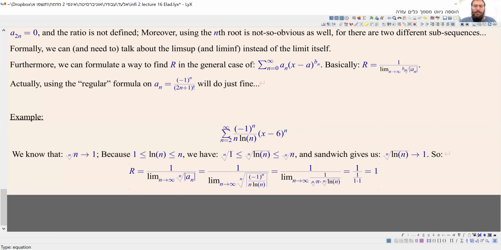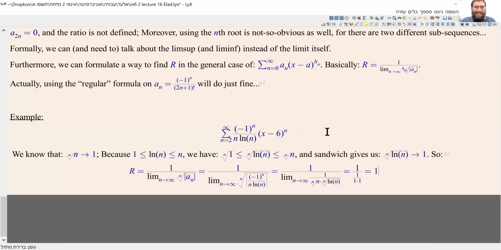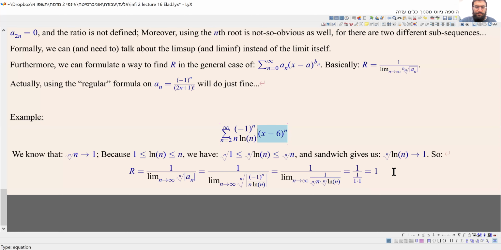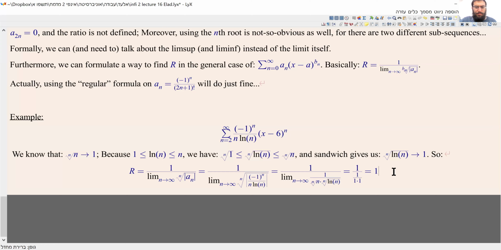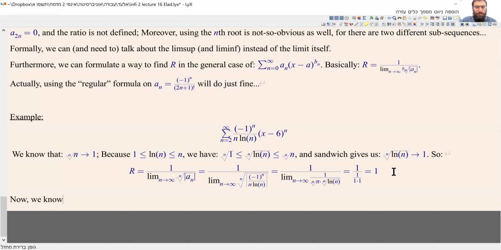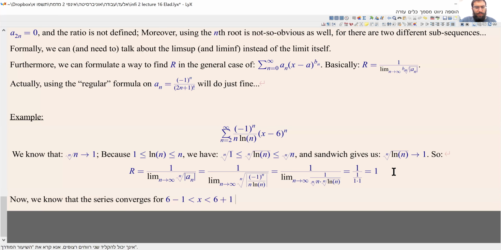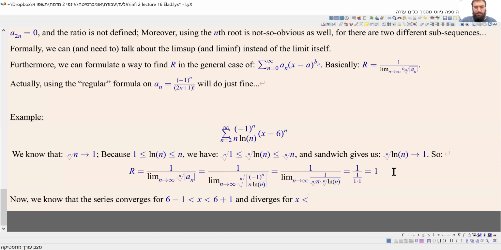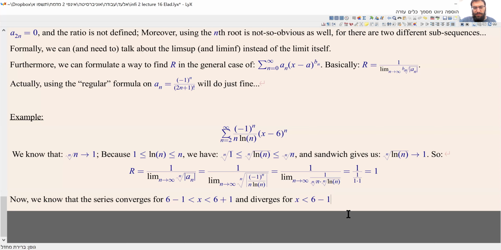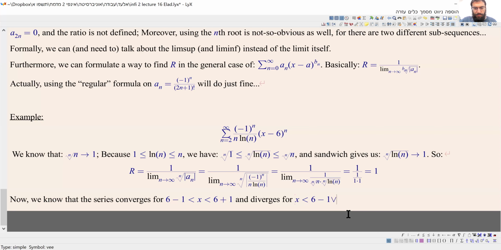So it is 1. The radius is 1. The center of the series is 6. Now we know that the series converges for x between center minus radius and center plus radius, and diverges for x outside of this segment, for x larger than 6 plus 1.